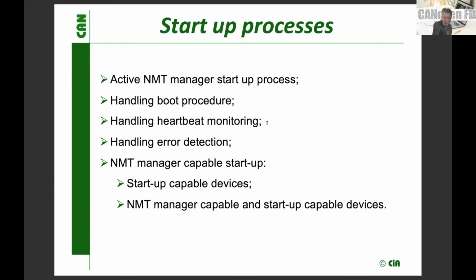And in general, we go straightforward and say we have an active NMT manager, and it should start up the whole network step by step. How do we do so? We adopt the CANopen-based version of it, found in specification 302. But there are certain specifics of CANopen FD which we have to introduce there.